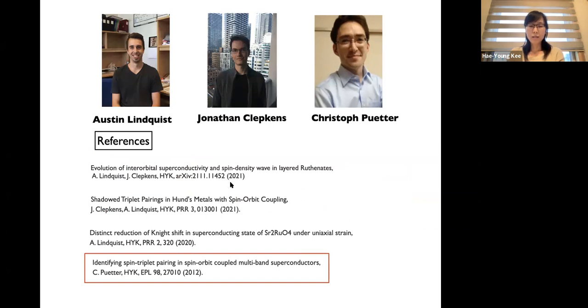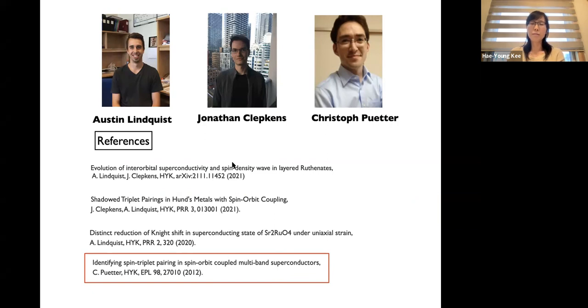You can see that three of them are very recent, but in fact this goes back to my former student, Christoph Putter, who worked on identifying spin triplet pairing in spin-orbit coupled multi-band superconductors quite a while ago. And recently, Austin and Jonathan have joined us to give me more information and learn more about what was going on.